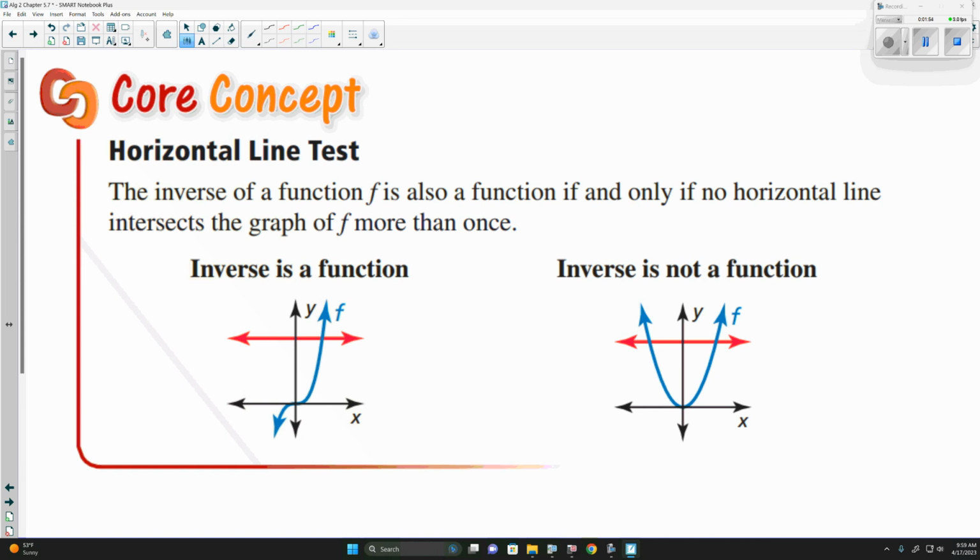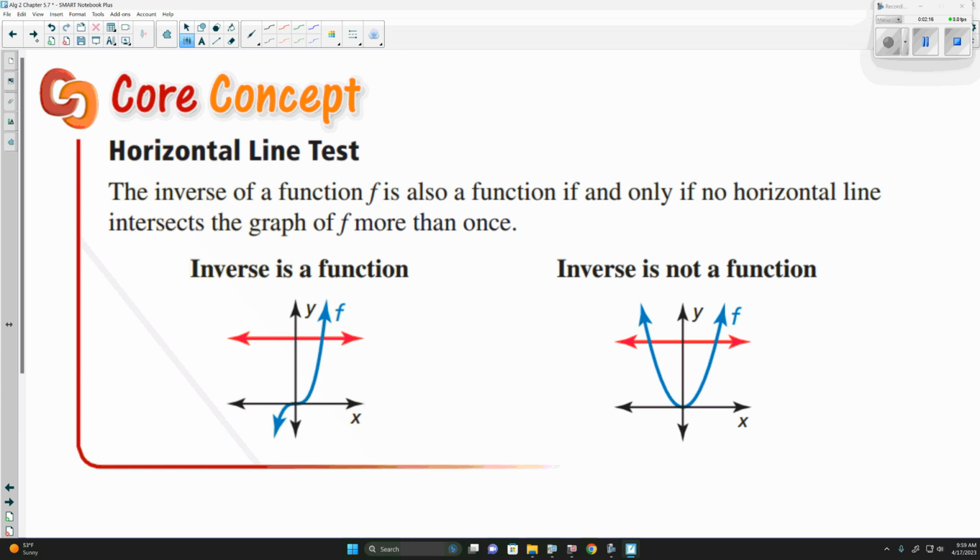So if we graphed a function and its inverse, it will flip across the line y equals x. Whatever the domain is for our original function is the range of the inverse, and same with the range and domain.